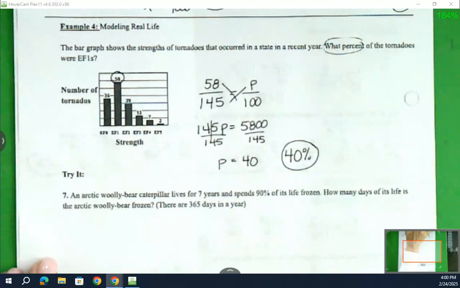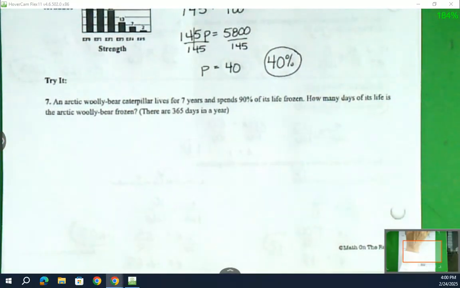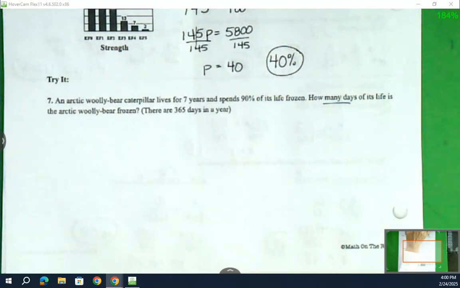All right, you have a word problem. Try it. Let's see what you do, and then we'll check it together. Pause. Okay, we have an Arctic woolly bear caterpillar that lives for 7 years and spends 90% of its life frozen. How many days of its life is an Arctic woolly bear frozen?